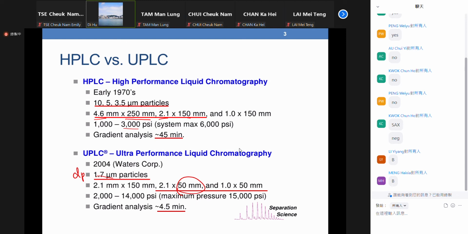That is why, even though it has higher performance, it also has higher pressure. The typical pressure is between 2,000 and 14,000 psi. And because it is a shorter column and the flow rate can be faster, the analysis time can be just within 10 minutes, okay? So it can be pretty fast.